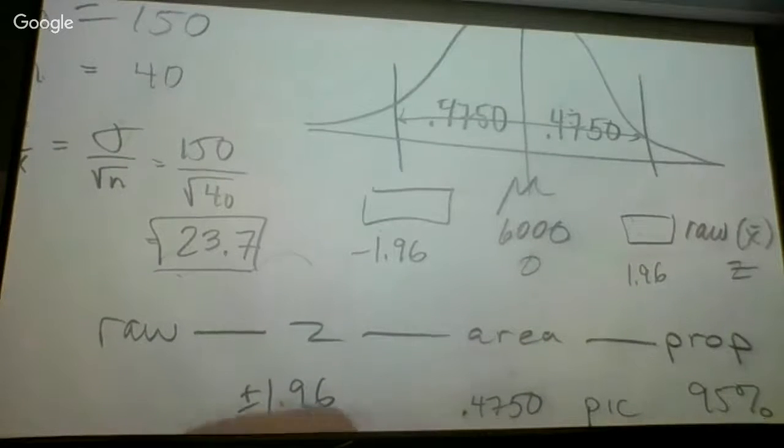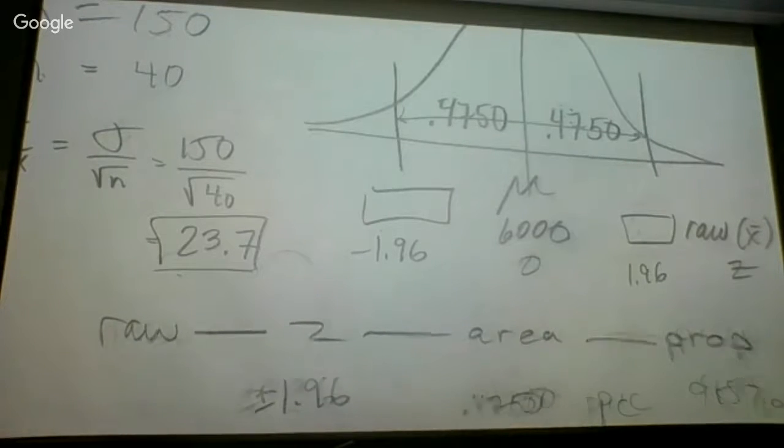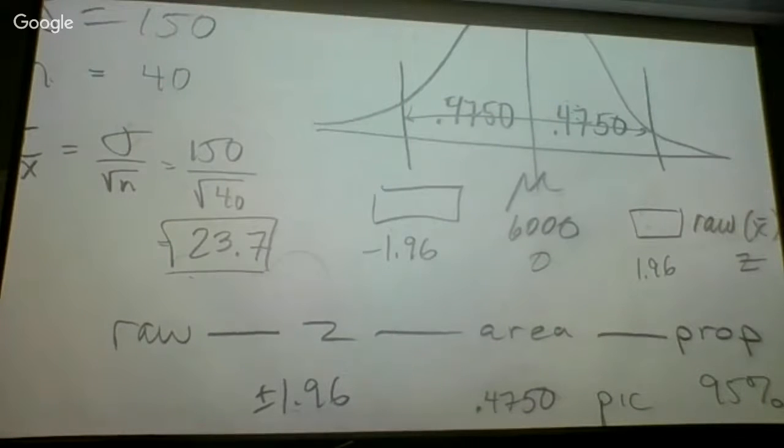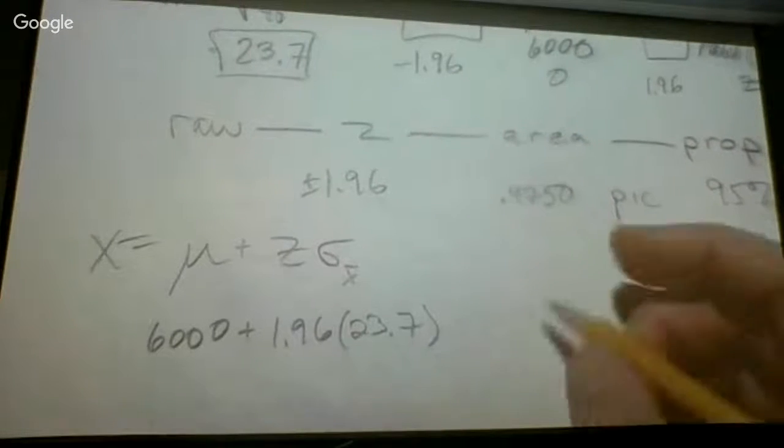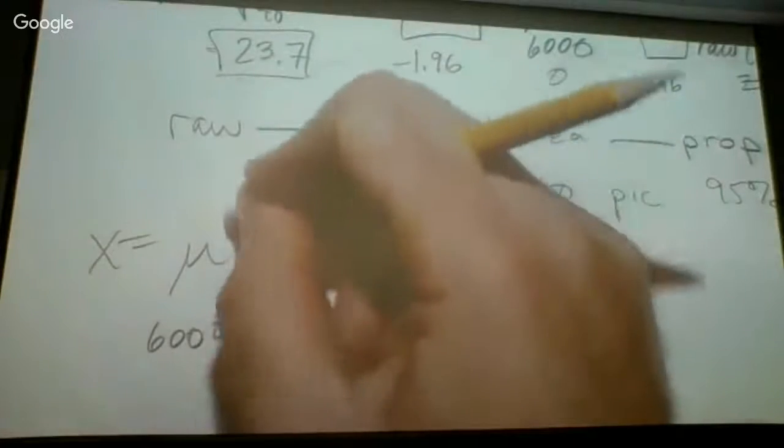And then I take my mean of 6,000 and I add 1.96 times my standard error, or I take minus 1.96.